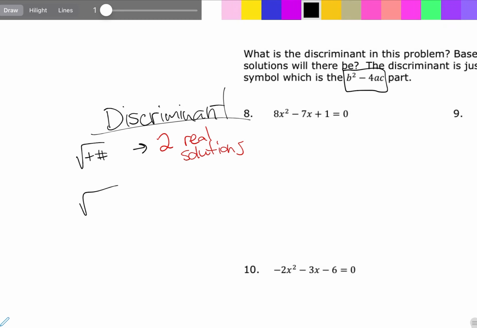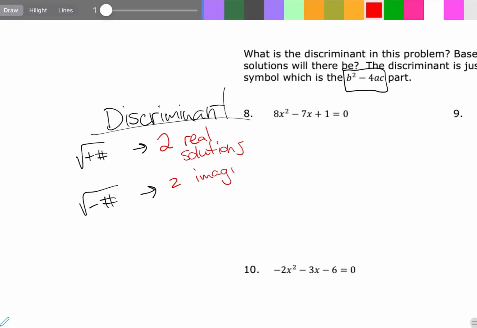If you have a negative number inside your square root, what you will have is 2 imaginary solutions, AKA no real solutions. In the calculator, what you'll see is undefined.